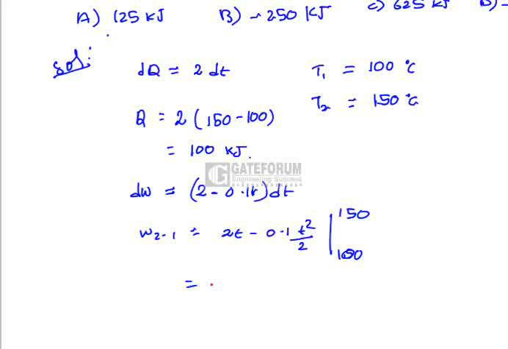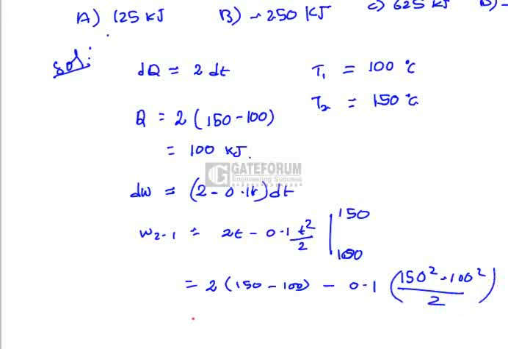So which gives 2 into 150 minus 100 minus 0.1 into 150 square minus 100 square by 2. So here it comes at 525 kilojoules.